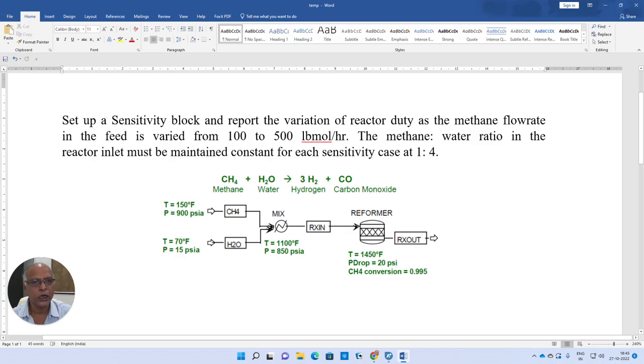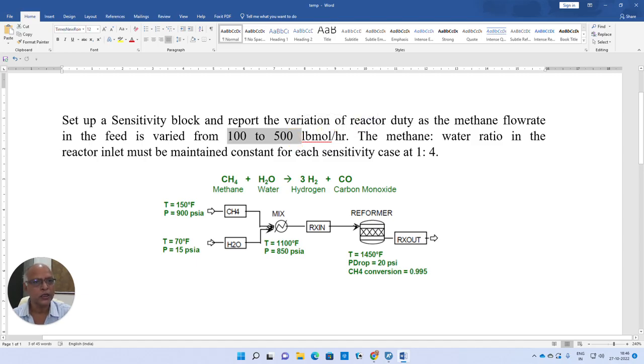As per the flow sheet, methane and water are entering, mixed together and go to the reformer, wherein 99.5% conversion happens with respect to methane, and you are required to report the reactor heat duty, because it is operating under isothermal conditions, as a function of varying rate of methane.